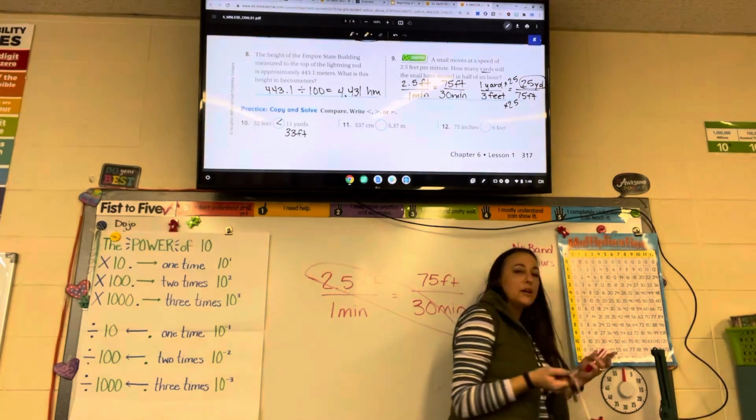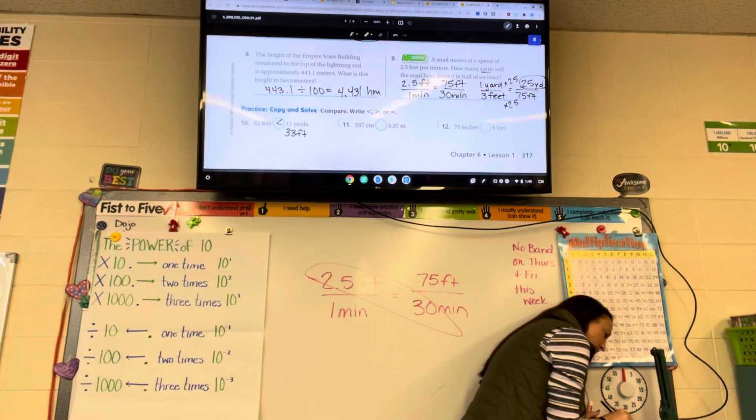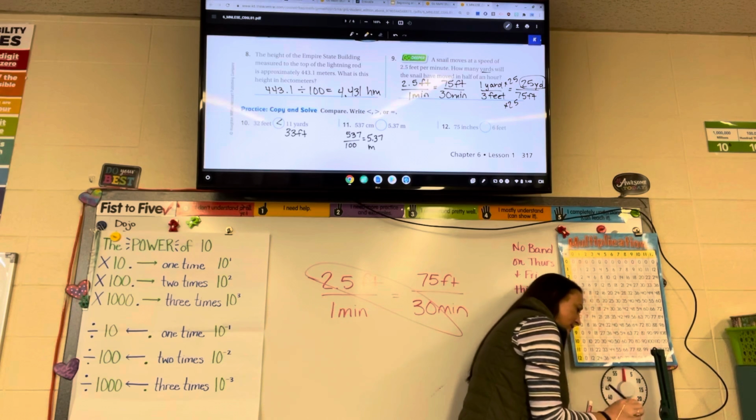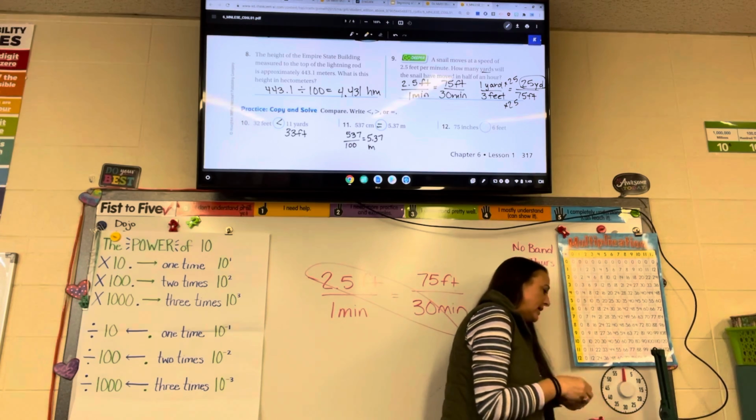So there's 100 centimeters in a meter. So we need to divide 537 divided by 100. If we divide by 100, we move the decimal 2 times to the left. So 537 centimeters is 5.37 meters. So we need an equal sign here.